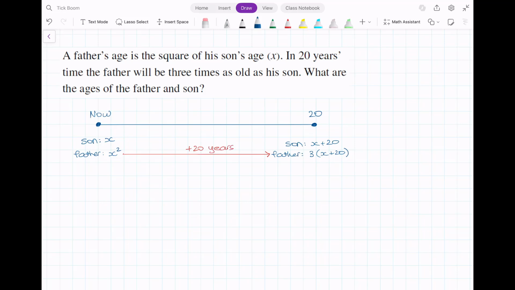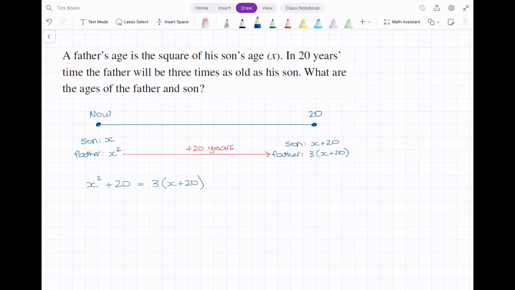So I can say that x squared, whatever that age was, plus 20 years, will be equal to 3 times the x plus 20. I know those 2 things must be equal. And given that, I can now solve this equation for x and see what I get.